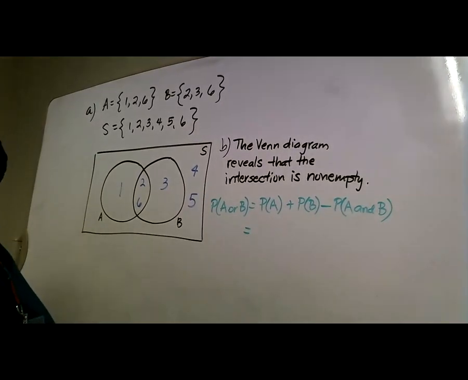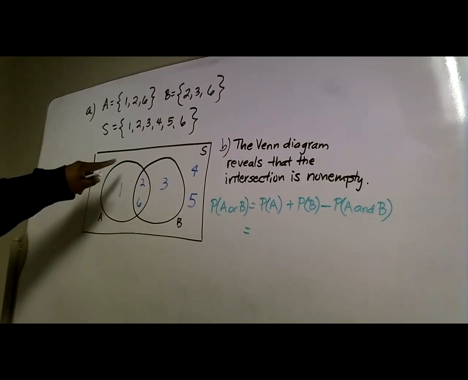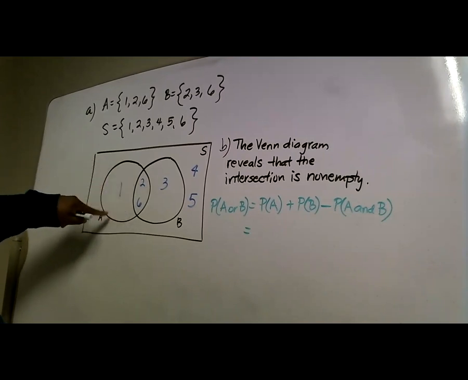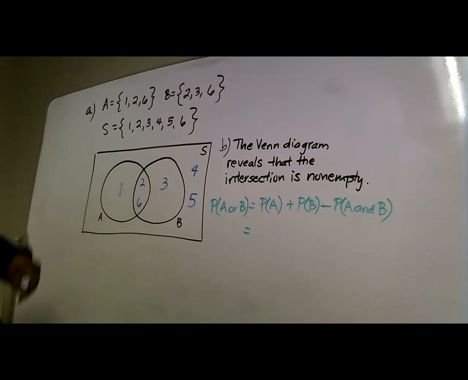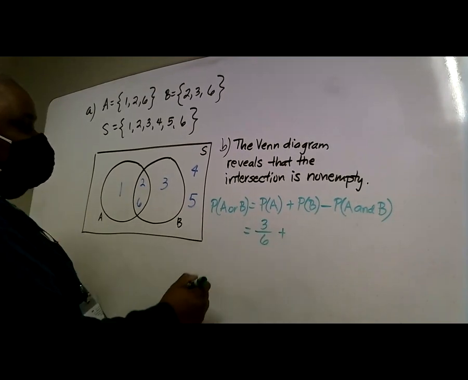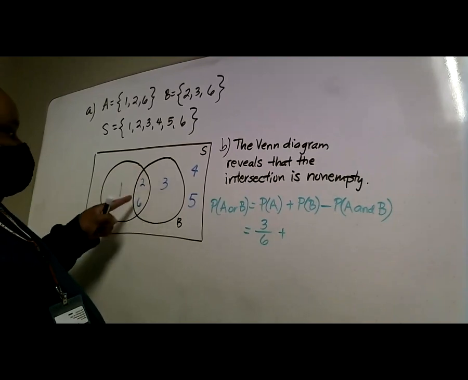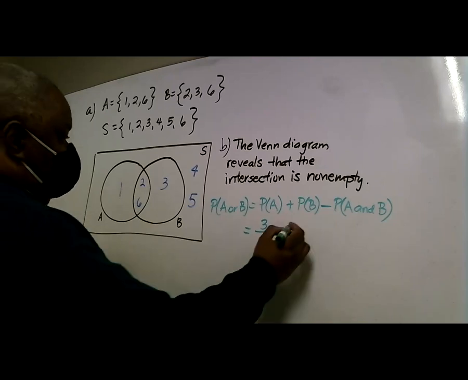So the probability of event A, if you look at event A in this circle, there are 3 numbers out of 6, plus the probability of event B, that's this circle right here, 3 numbers out of 6.